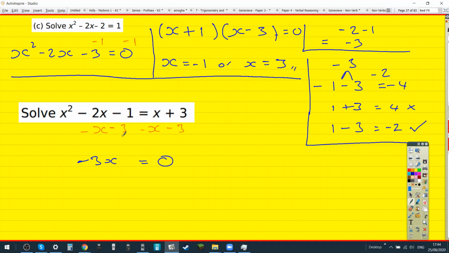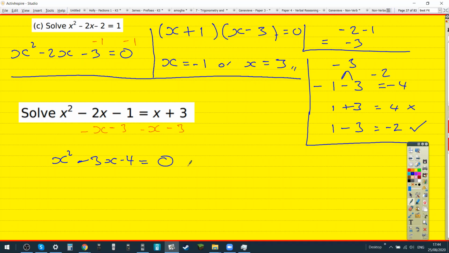How about the number? -1, -3. -4. Yeah. And what else do we have at the start? X squared. Yes. And so you've subtracted x plus 3 from both sides. And so now you'd solve this one because it's equal to 0.